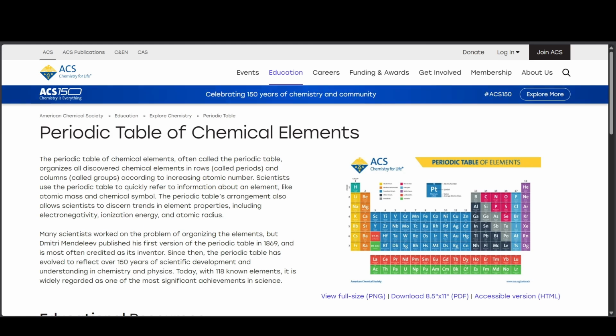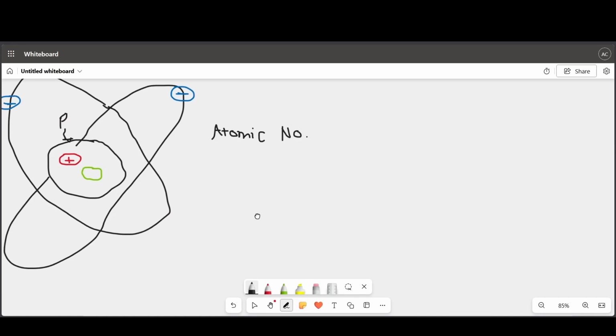So here is the hydrogen atom, right? Let's assume that this depiction will be a hydrogen atom.